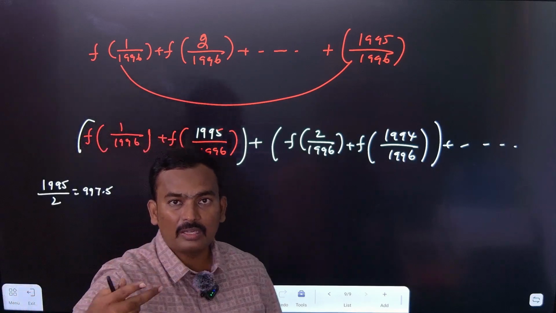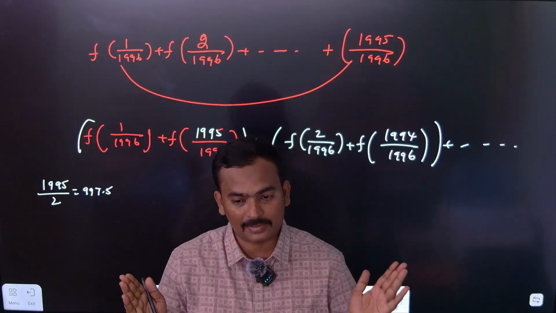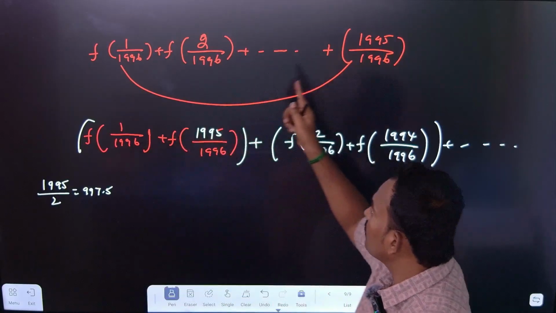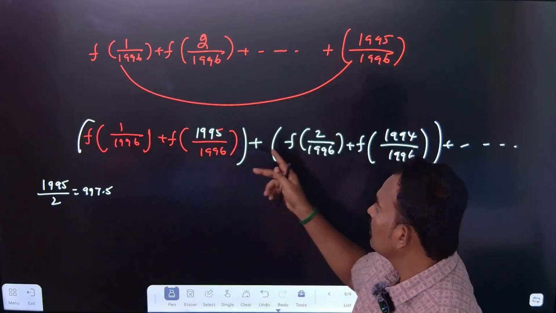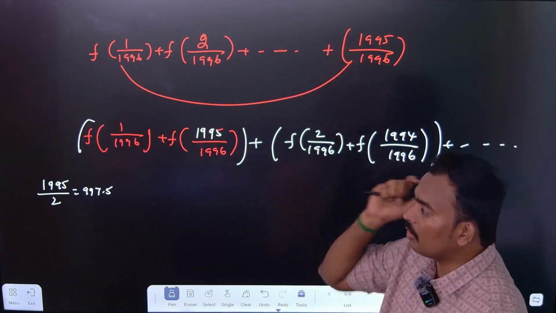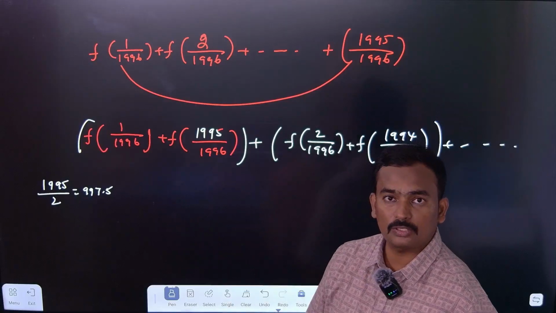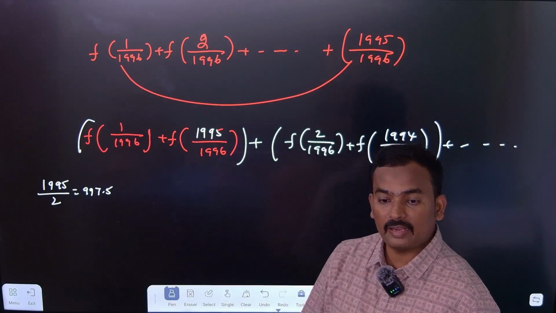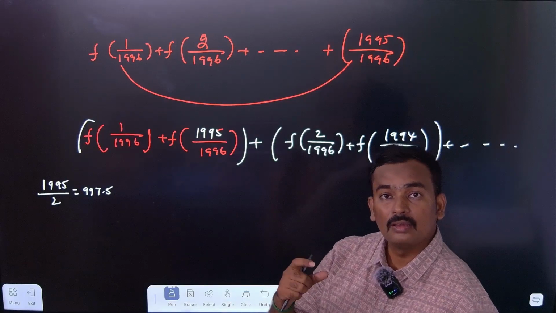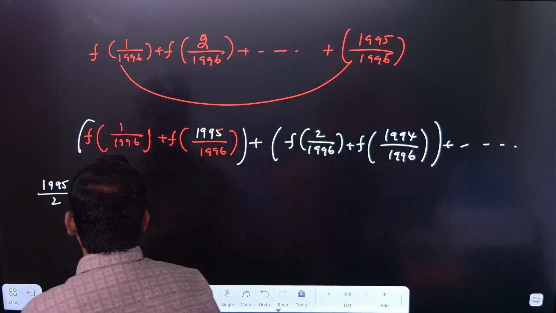Whatever odd number there is, you have to divide by 2, and half of that we can get as the pairs. The first and the last, you compare, that is 1 pair, and the second and the second last, that is 2 pairs. Like that, how many pairs are possible? 997 pairs are possible. So one more term is extra. There is no pair possible for that.